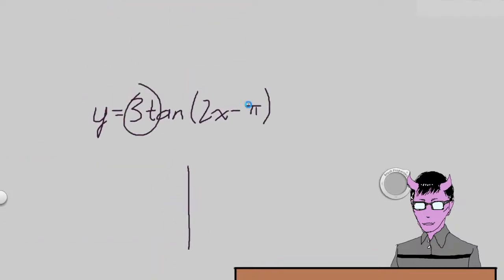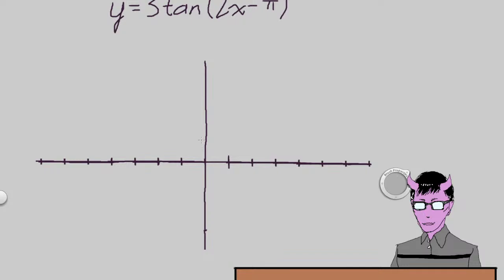We need up to 3. So let me put this as arbitrarily 1. It's not to scale. But it's not that important.